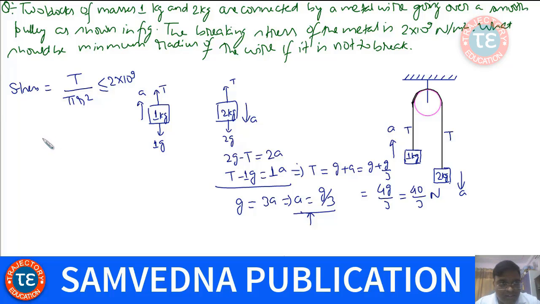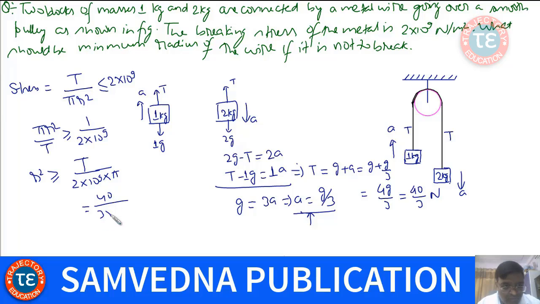So less than or equal to this, and that gives us pi r square is greater than or equal to tension upon 2 × 10^9, or r square is greater than or equal to tension upon that, and tension is known to you, 40 by 3. So r should be greater than or equal to the square root of this. So that's your r min.